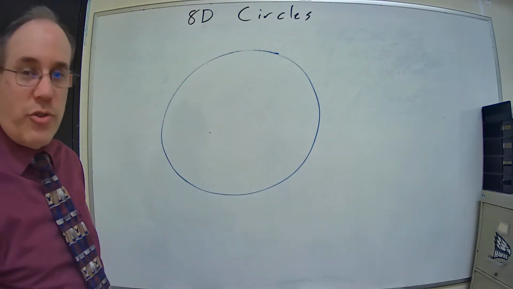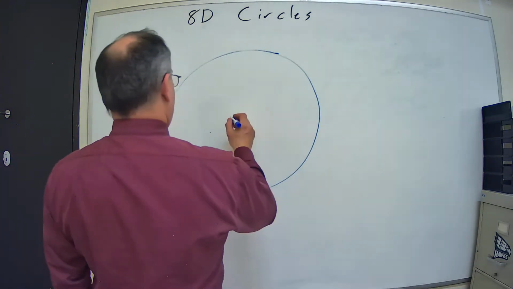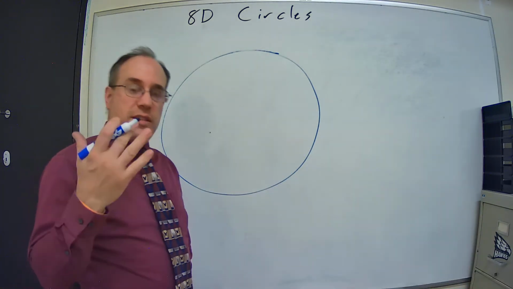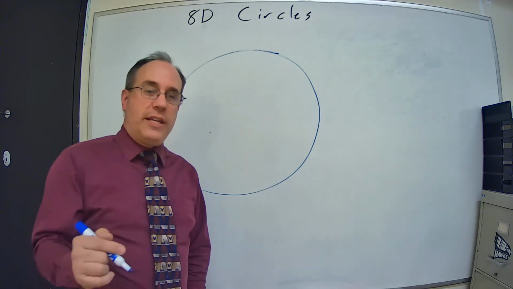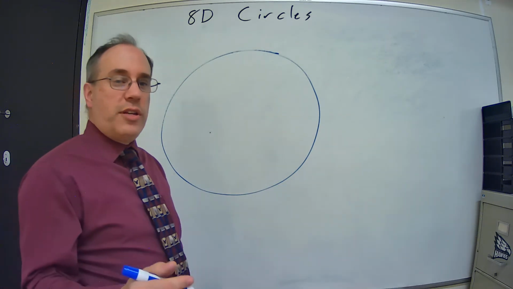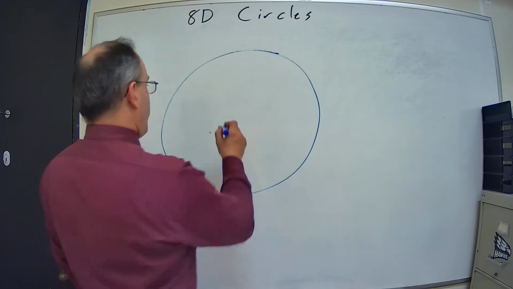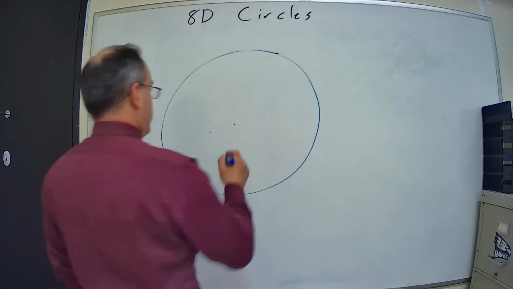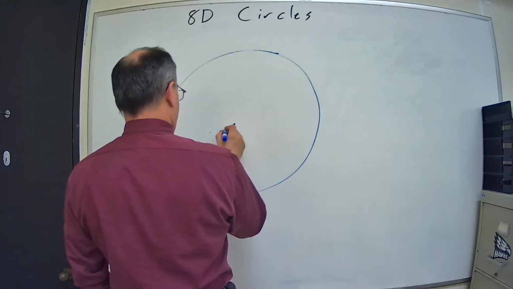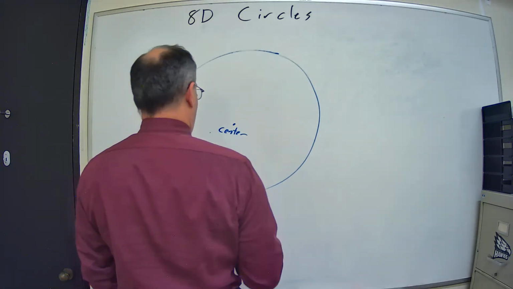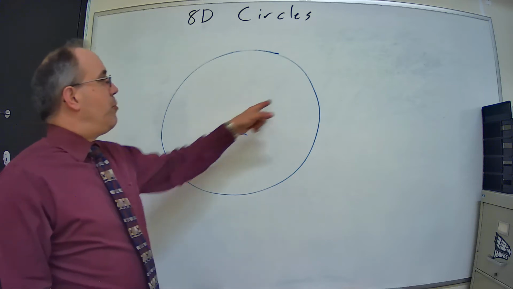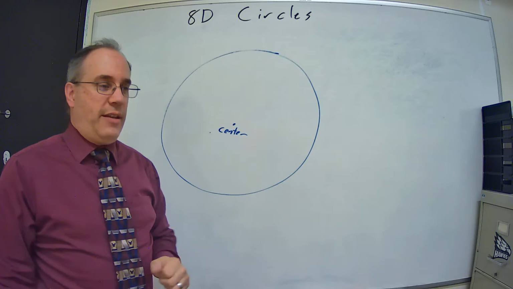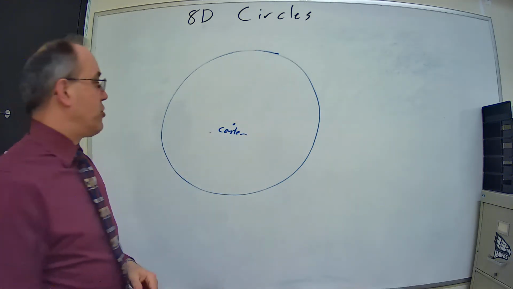So a circle, and I'll do the best I can. Okay, it's not a great circle, but it'll do. A circle is a two-dimensional closed figure. It's the set of all points that are equidistant, or the same distance away, from some center point. We refer to that center point as the center. And if we mark every point that is a set distance away from that, we end up with a circle.